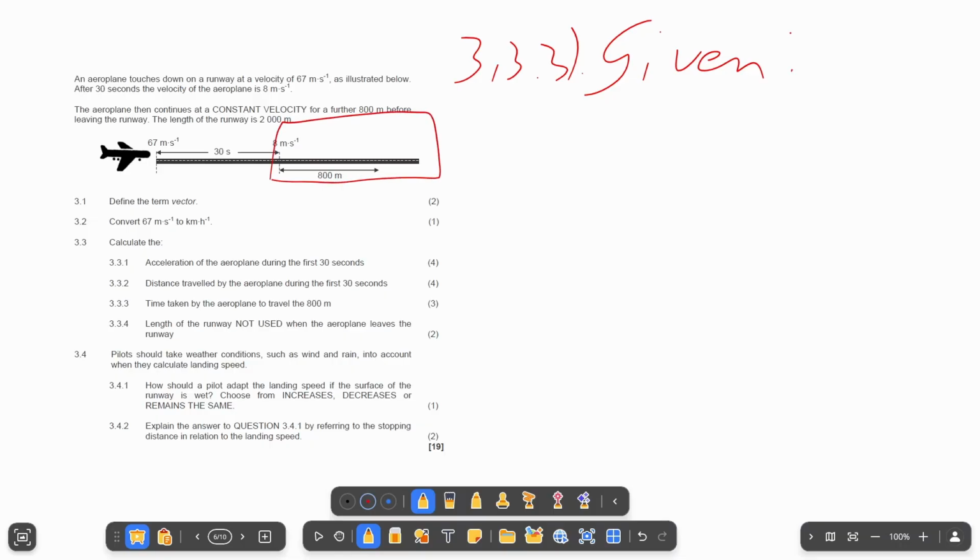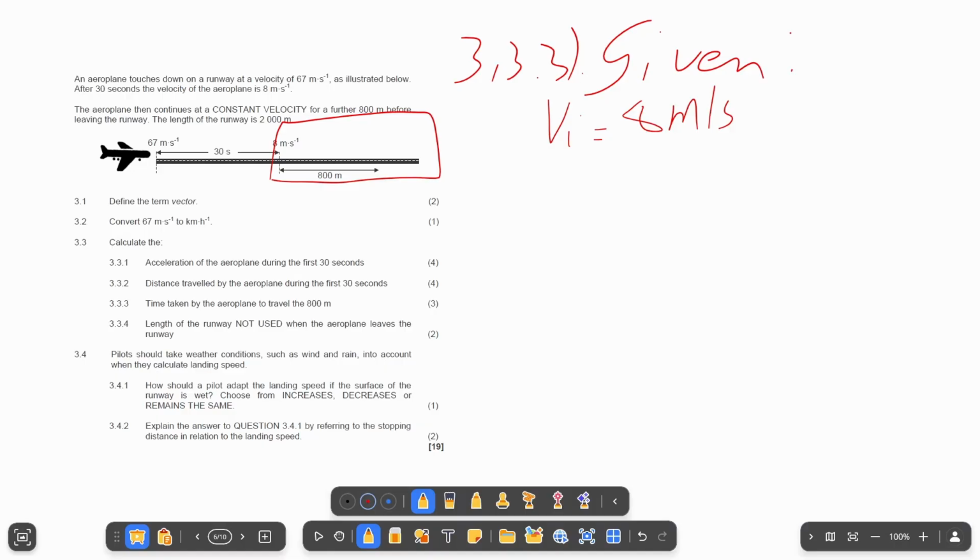This final velocity of 8 in the first 30 seconds becomes now the initial velocity in the last stretch. Okay? We are given Vi, which is 8 meters per second. Just writing everything that you know so that it will help you choose the correct formula, right?